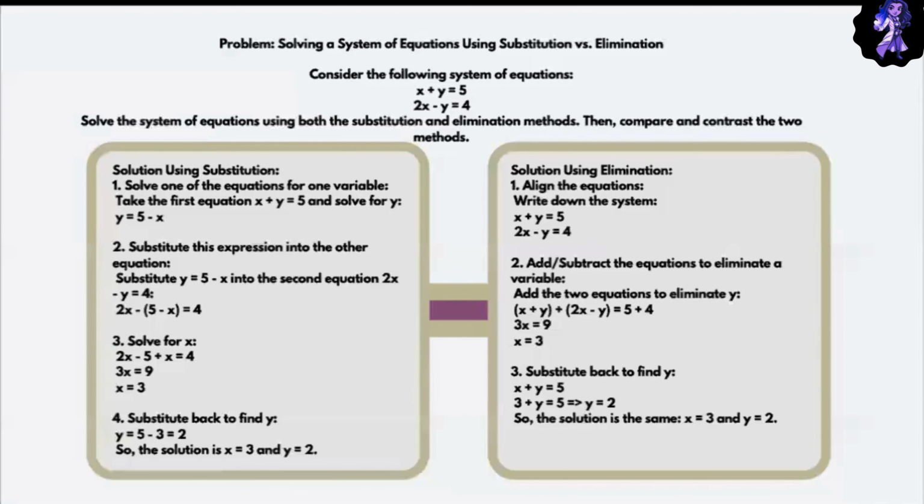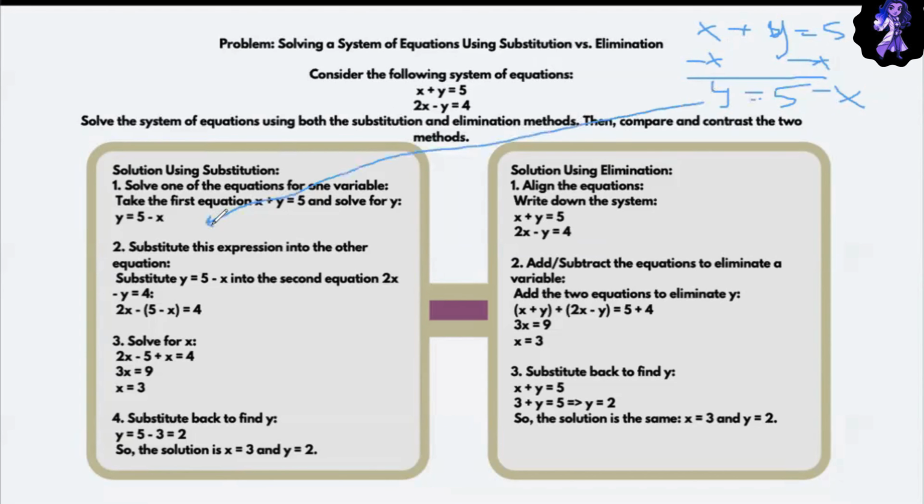So when we look at a problem like that, what we're essentially saying is, okay, we have x plus y equals 5. I want to bring x over by subtracting the x to then give us y equals 5 minus x, which can be seen in this equation.